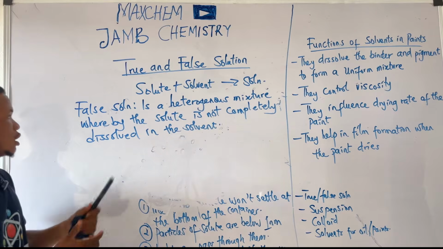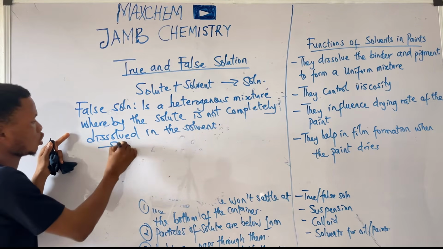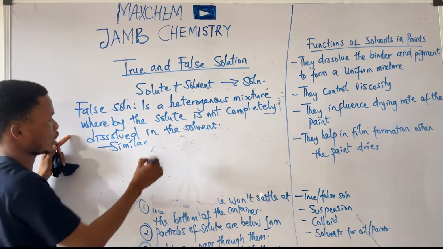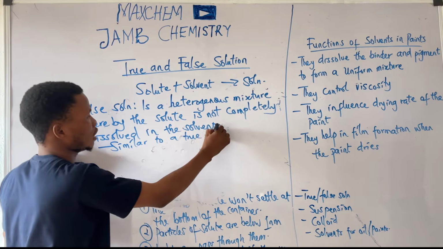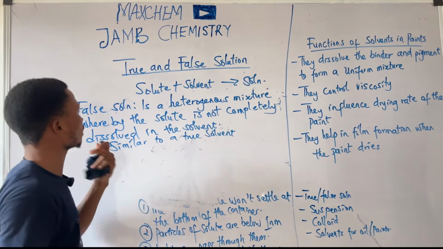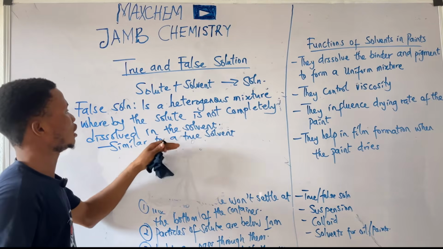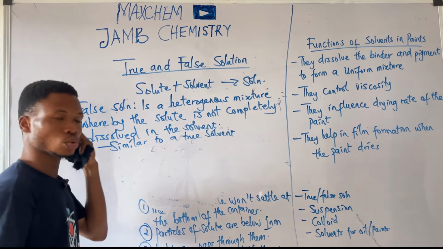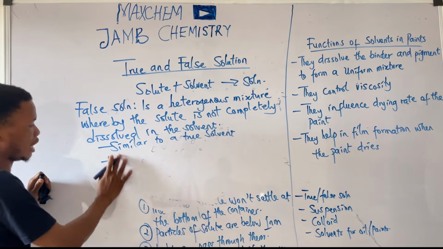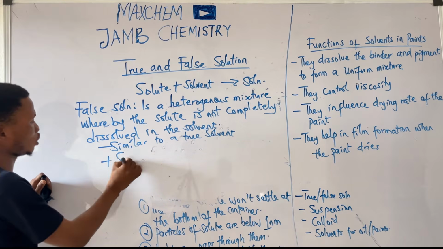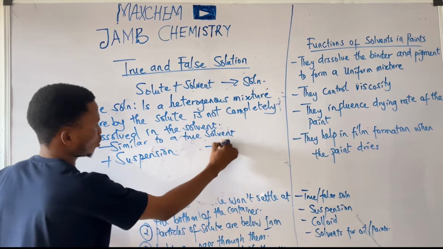Most times, it looks like a true solution, but you still see some particles in it, which shows that it is not a true solution. And we have two main types, that is suspension and colloid.